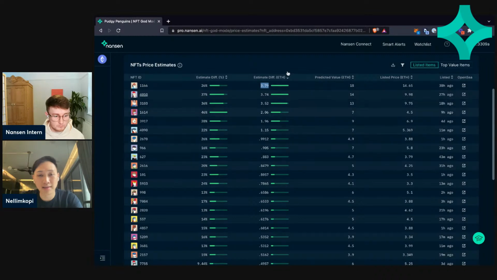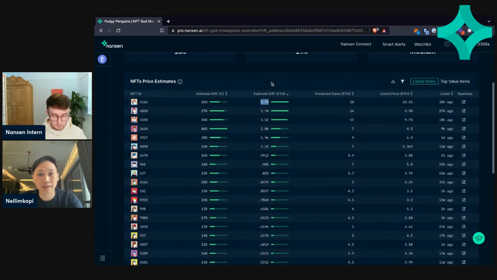This is a tool which a lot of us use to spot mispricing opportunities, as well as people trying to get rid of their NFT for liquidity, and it's not being identified in the market yet. So it's a good way to spot arbitrage opportunity. You can put it that way.